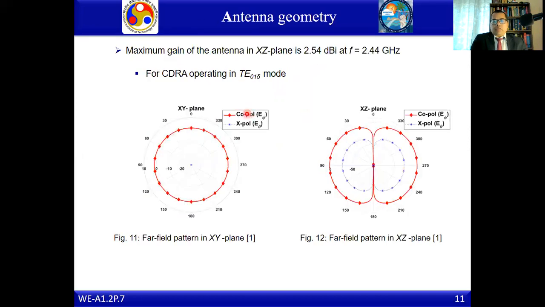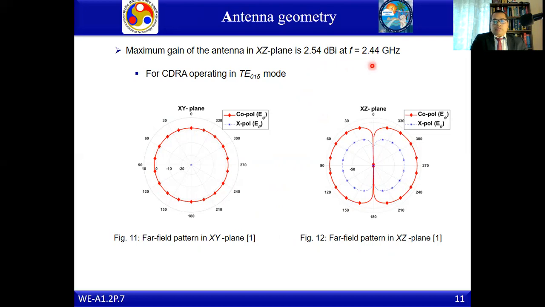It can be clearly observed from this radiation pattern plot for the XY plane and XZ plane here. In the XY plane, the radiation pattern is in the form of a circle, and in the XZ plane, it has directional patterns here. So it will give us an omnidirectional radiation pattern. And the gain for this omnidirectional radiation pattern is observed to be 2.54 dBi at a frequency of 2.44 gigahertz.